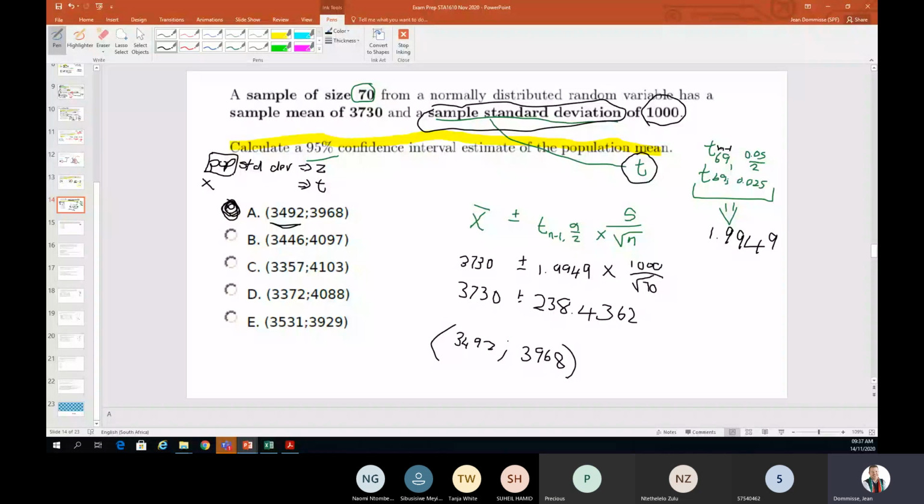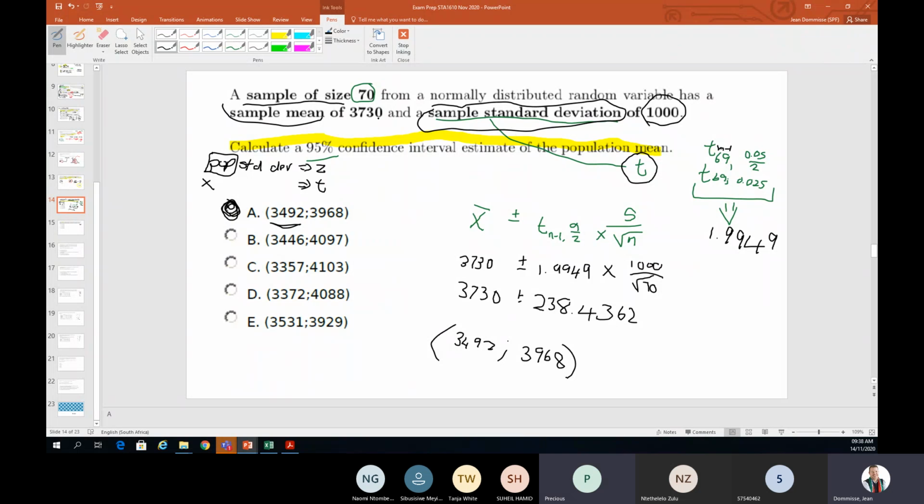Also, in the exam they can say something is normally distributed, like they did here, and said sample. So the whole time they're talking about sample mean, sample size, sample standard deviation, then you know it's a t.